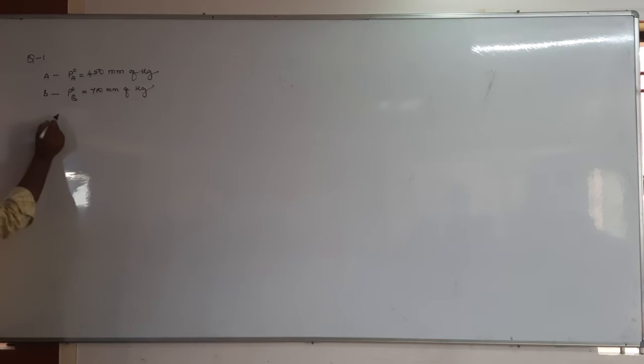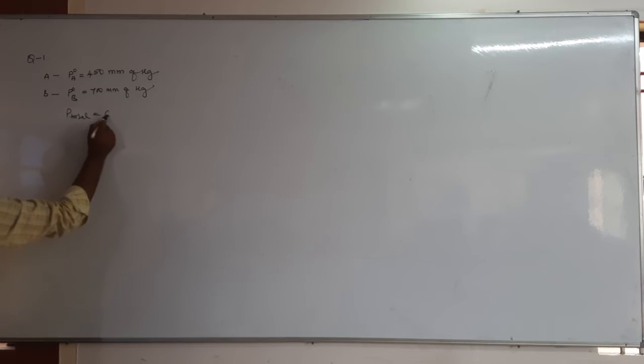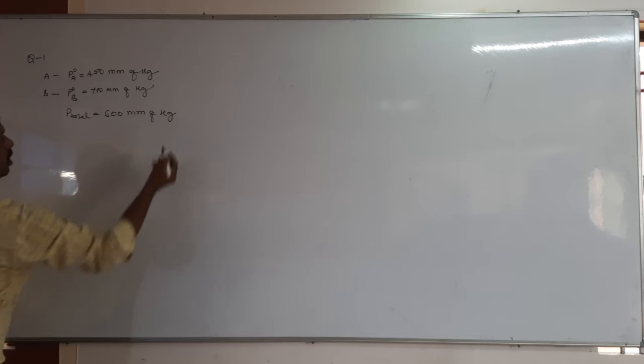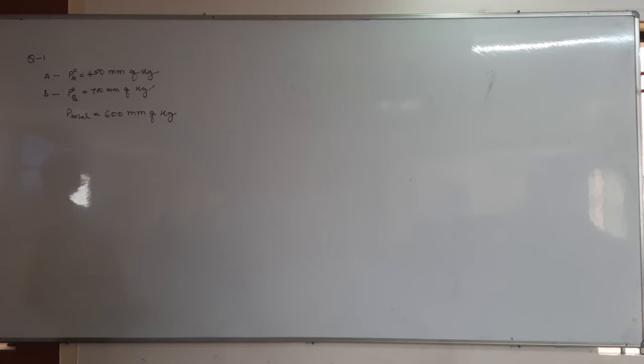Next, the total pressure of the solution, P total, is given as 600 mm of mercury. The partial pressures of A and B are given as 450, 700, and the total pressure is given. Now when A and B are mixed, whether it gives an ideal solution or a non-ideal solution.